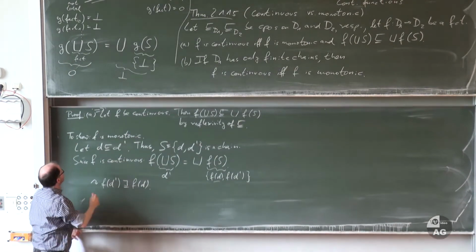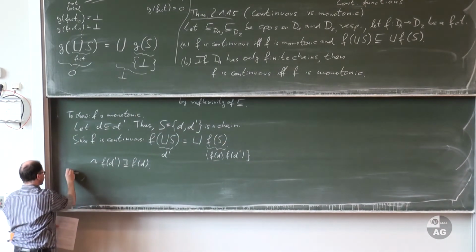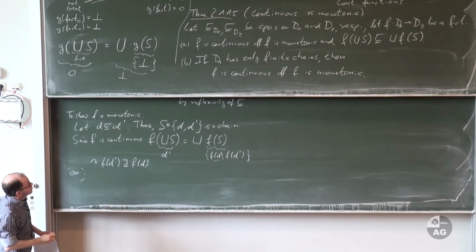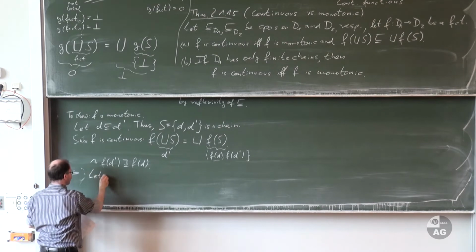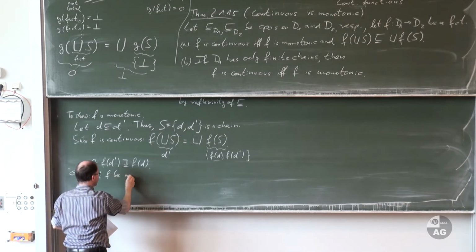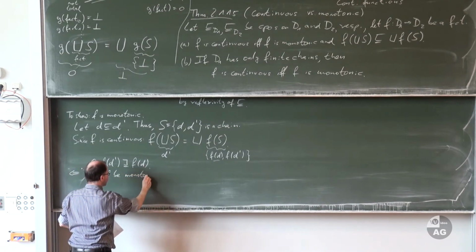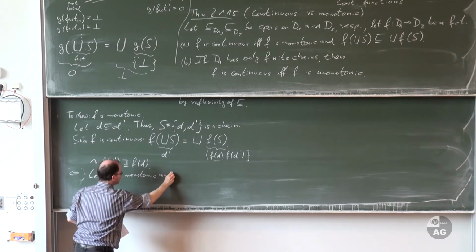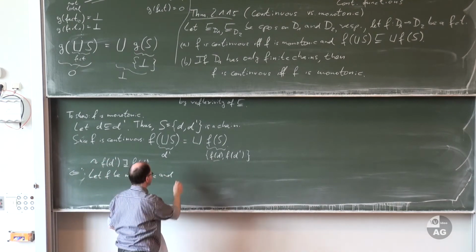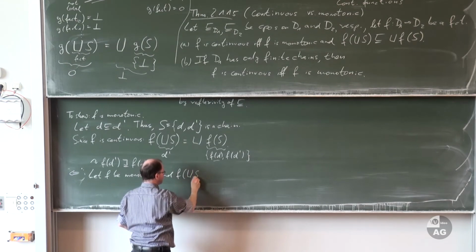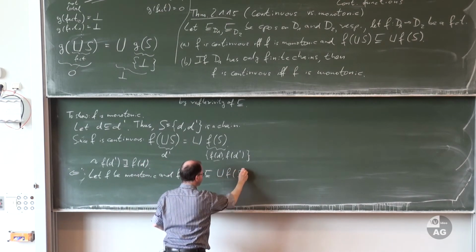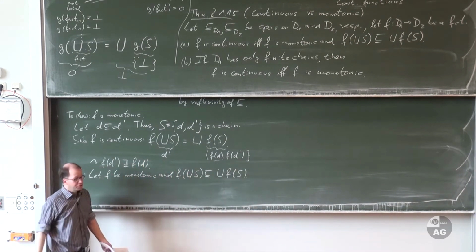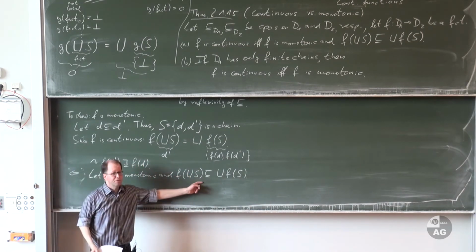Now let's look at the direction from right to left. So now we know f is monotonic. And we also know that f of least upper bound of S is less defined or equal than least upper bound of f of S. And so to show continuity, we have to show that the other direction of this holds as well.